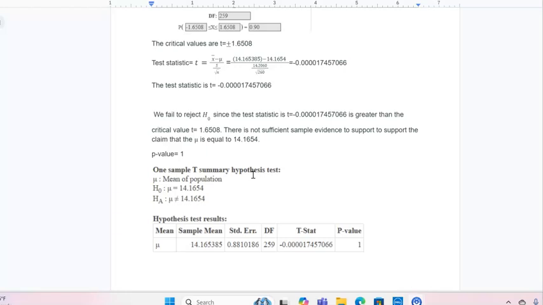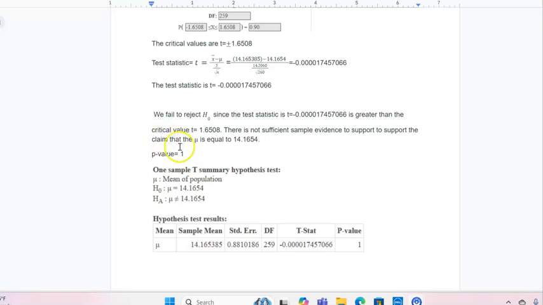And we failed to reject H0 since the test statistic of negative 0.000017457066 is greater than the critical value of t equals negative 1.6508. And there isn't enough evidence to support the claim that mu is actually equal to 14.1654.